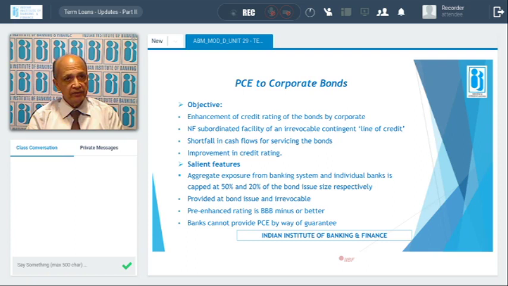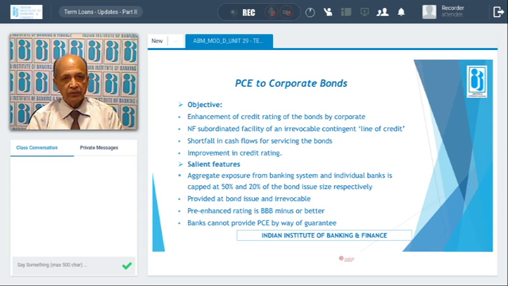Financial institutions which have long-term resources, for example insurance, provident fund and pension funds, have long-term liabilities. So they are the ideal sources to subscribe to this bond issue. But these institutions require a high rating.